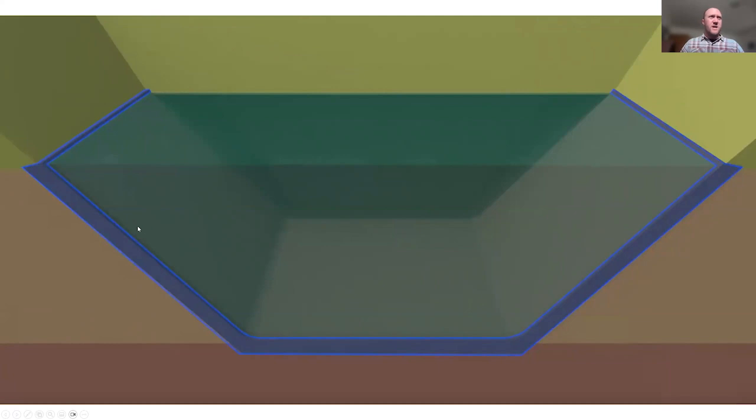Okay, so like we discussed earlier, this liner can be multiple different things. A lot of times it's HDPE, so that plastic liner. It's black, like the ones in the images that we showed earlier. And then it can also be bentonite or clay, which is just natural substances with really tight, little compact particles that are packed together.